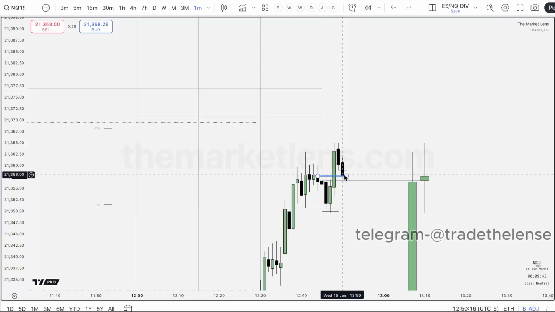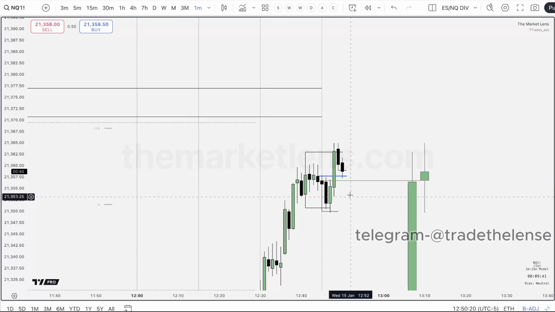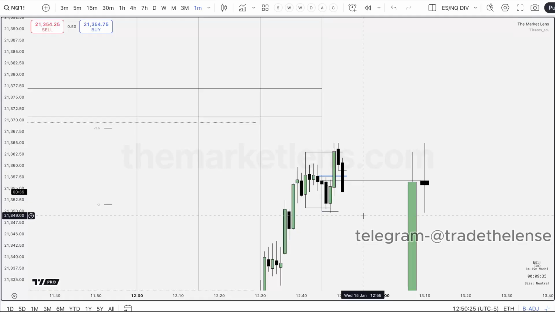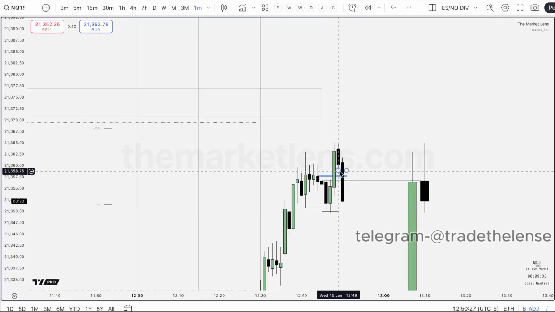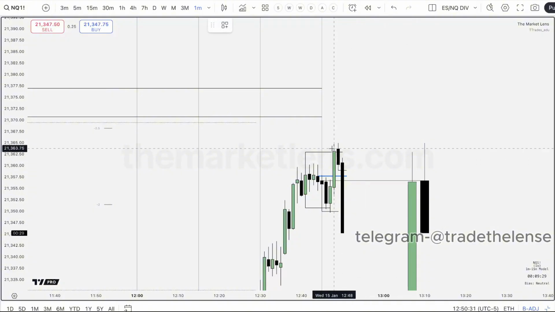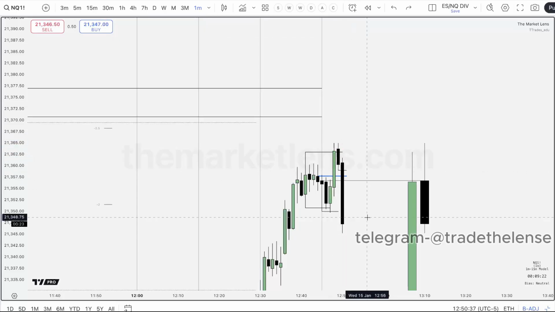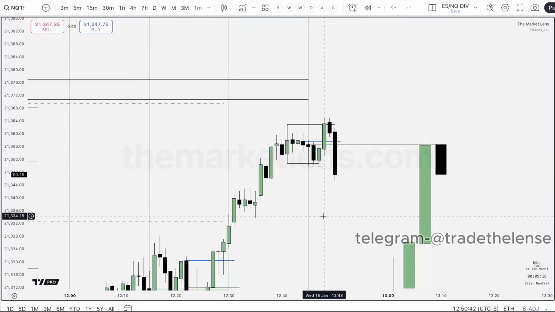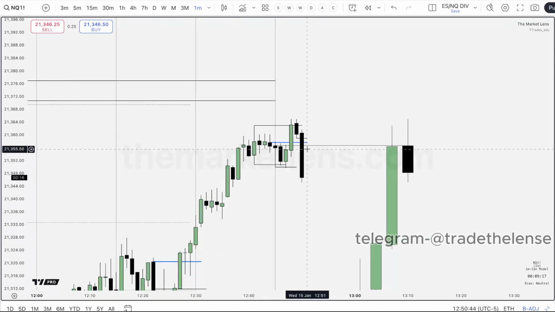And if we don't get a good closure here, then it's likely expansion into expansion, which is a reversal. And this is not something I want to be messing with because it's likely to go make a new low, right? Which is looking like what it's going to do. So see how this is not ideal, because you want to see it just shallow go trade through. So not a great live example, but that's normally what you want to see, right?